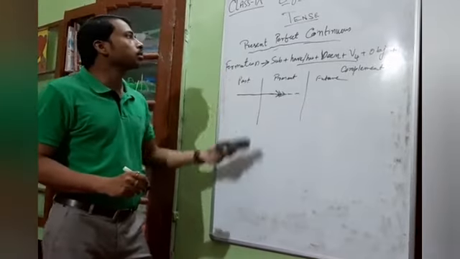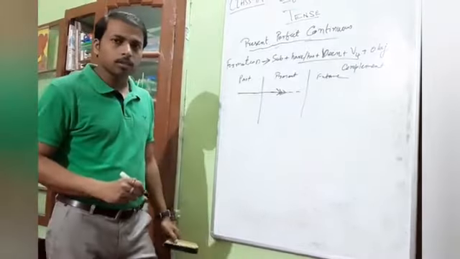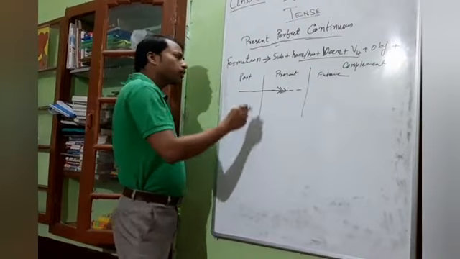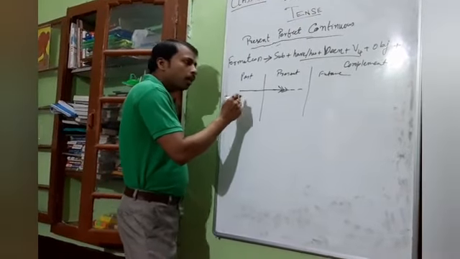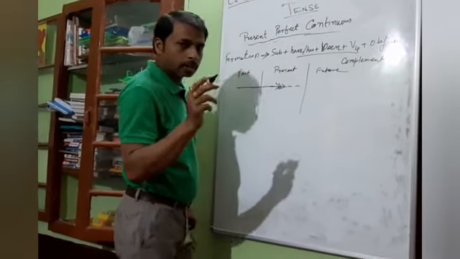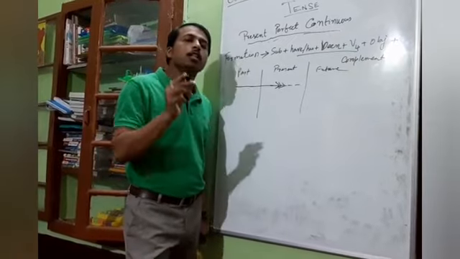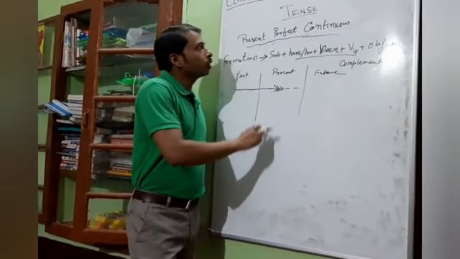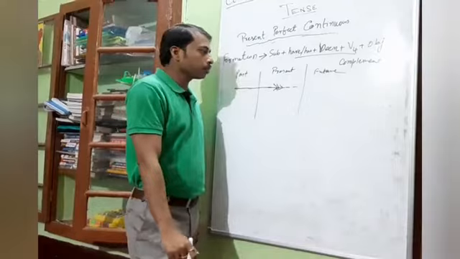Such kind of actions are said to be in the present perfect continuous tense. I am repeating again. Any action which started in the past and is still in progress. The action has not finished. The action is still in progress.